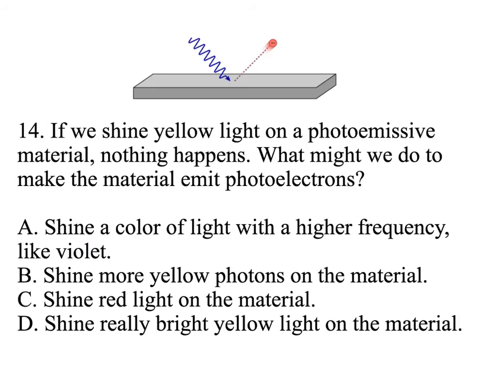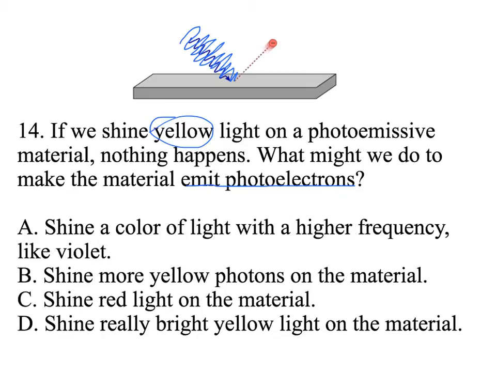We've seen this in a test before. If we shine yellow light on a photoemissive material, nothing happens. If we want it to emit photoelectrons, what do we have to do? Well, if light obeyed the wave theory, if it was entirely wave-like and not particle-like, then we could shine a much, much brighter wave on there, and a brighter wave would have more energy and would eventually kick out a photon.